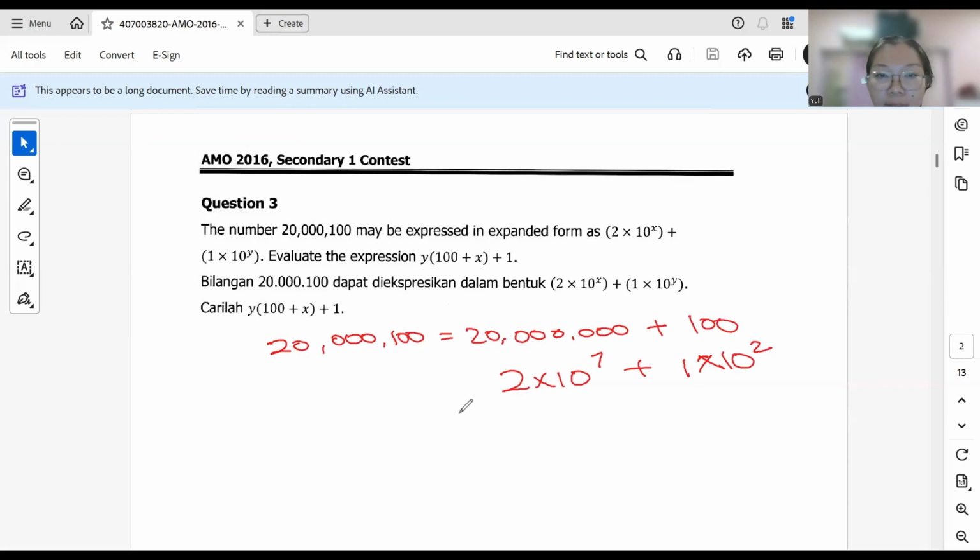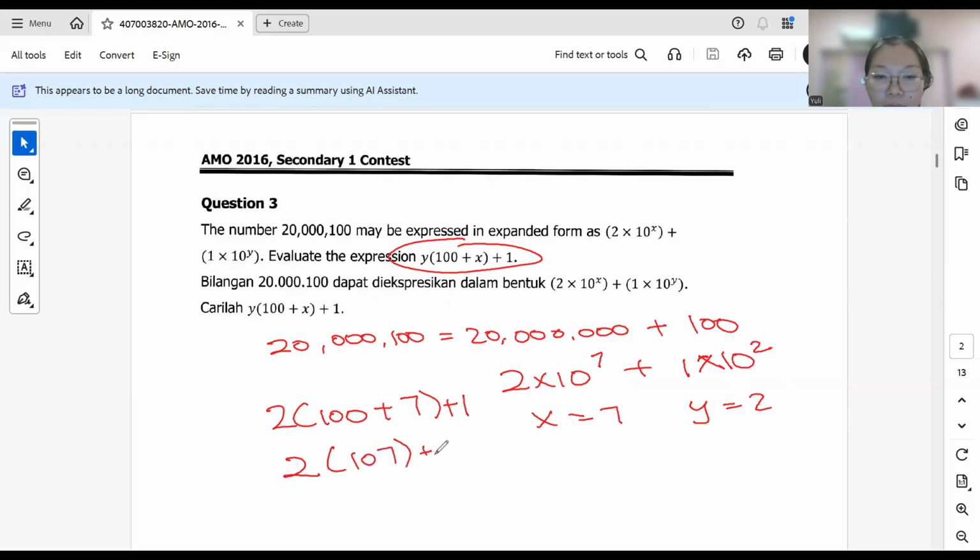So the x is 7 and the y is 2. Substitute to this expression. Times this, you get 214. So the answer is 215.